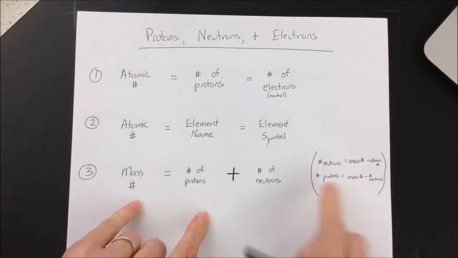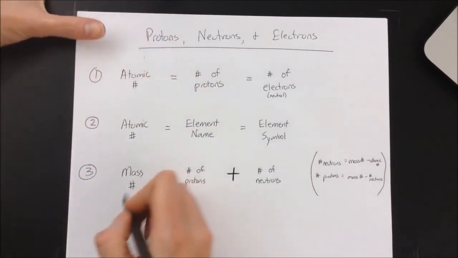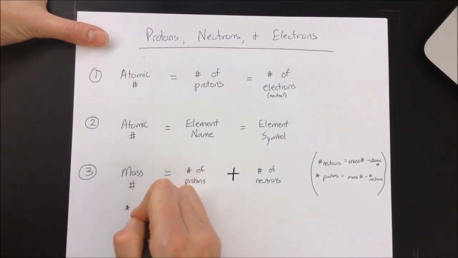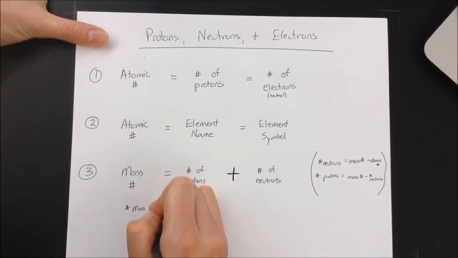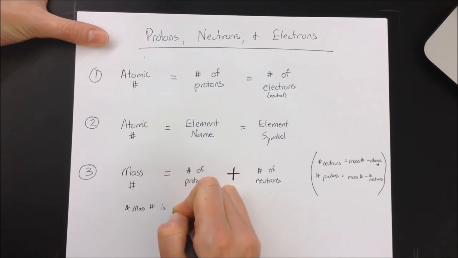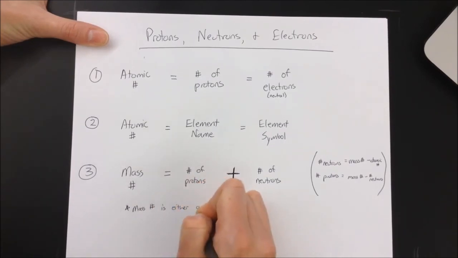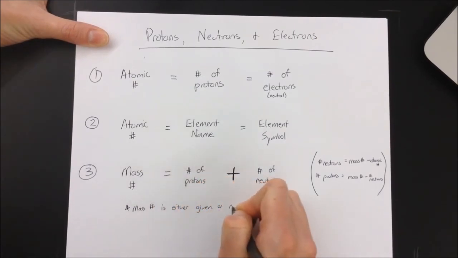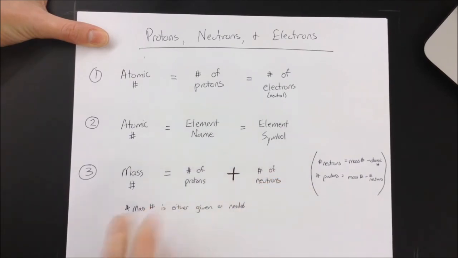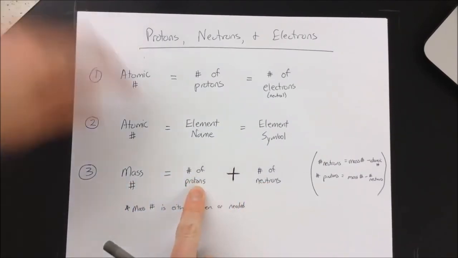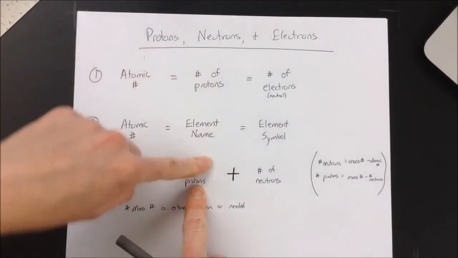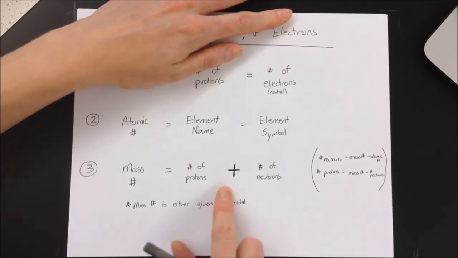You just have to know the relationships between these to be able to get them. I do want to write down two notes. The mass number is either going to be given or needed. Okay, so you'll either have this and you'll need one of these, or you'll have these and need this. Or maybe you have neutrons and the atomic number, which means you do have the number of protons. So you just have to figure out what they're equal to.